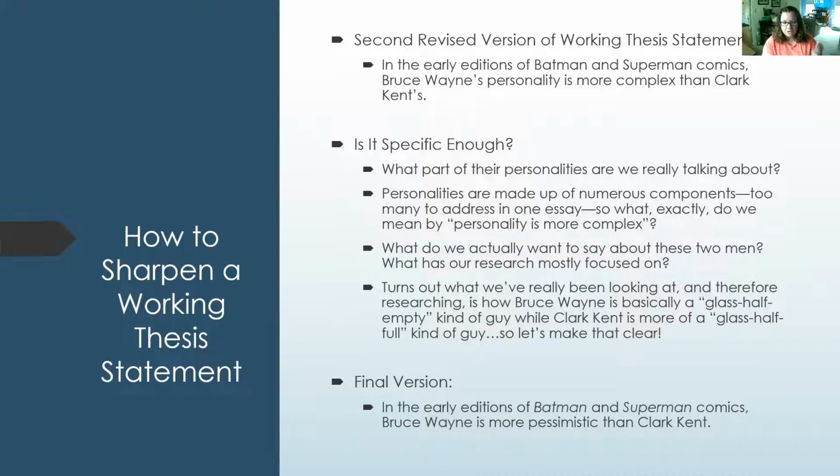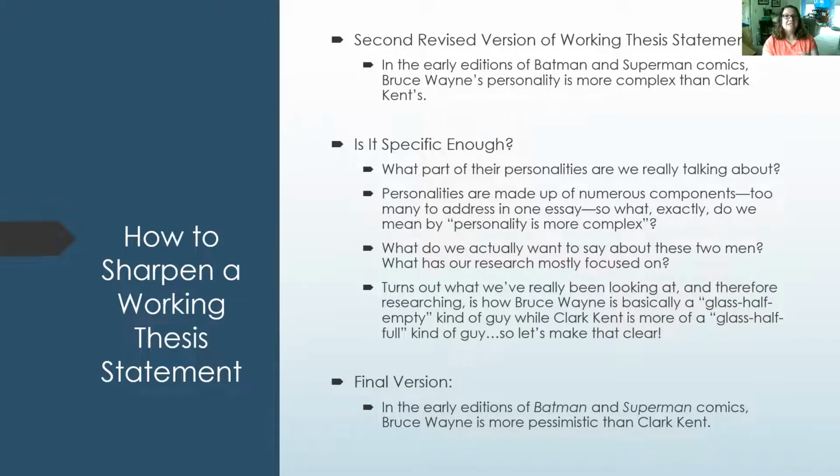Well, where our research took us actually has to do with Bruce Wayne being more of a glass half empty kind of guy, kind of a Debbie Downer sometimes, while Clark Kent is more of a glass half full kind of guy, right? Much more peppy.